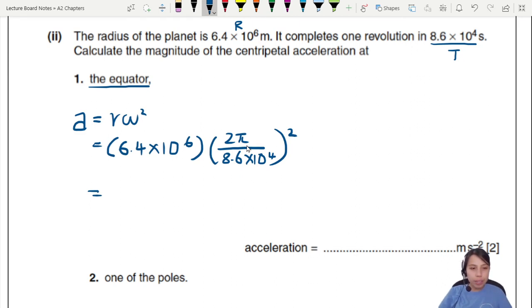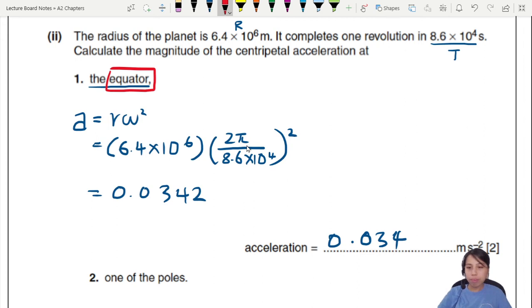If you press the calculator correctly, this gives you 0.0342. So we could keep, I guess, 2 significant figures, 0.034 as our acceleration when you are at the equator. This is A1. You substitute the correct values in. That's another one, C1.